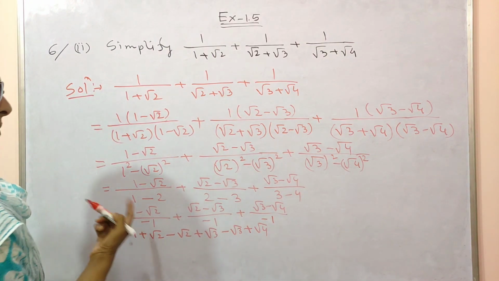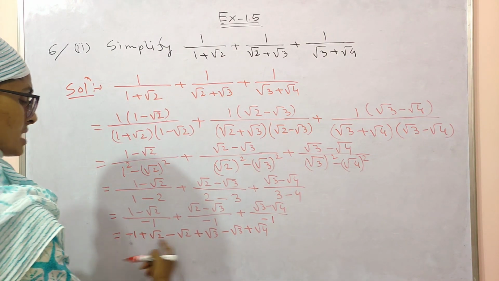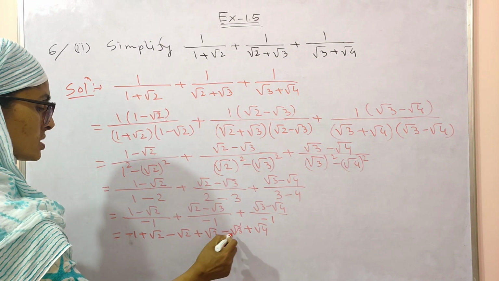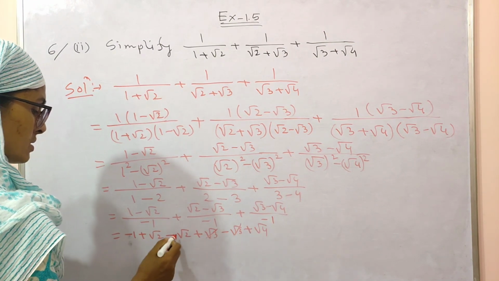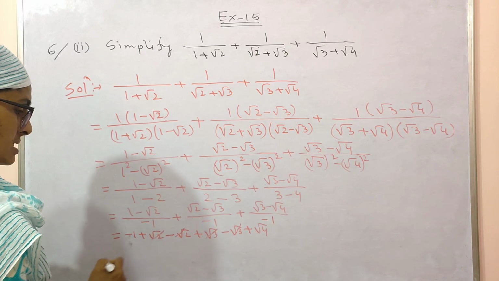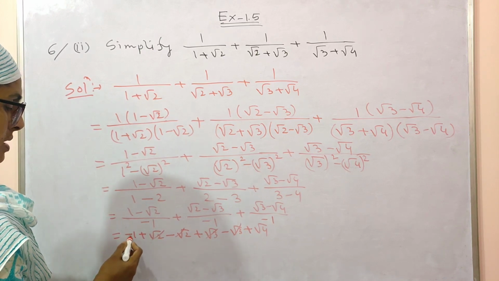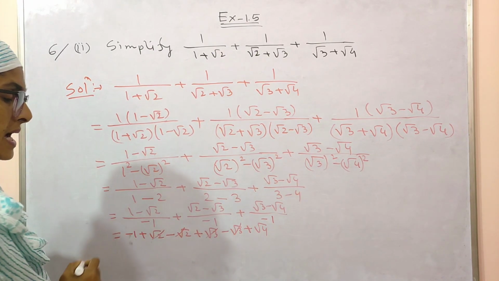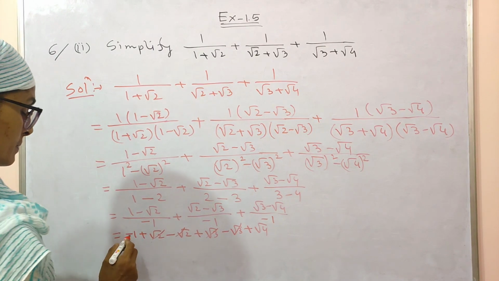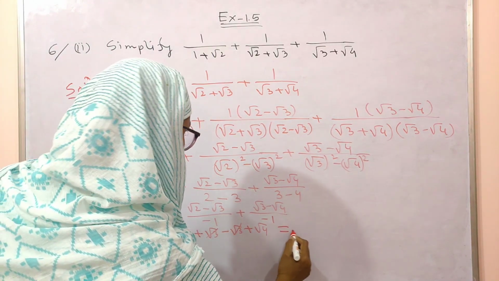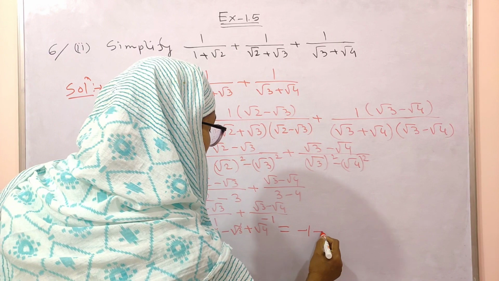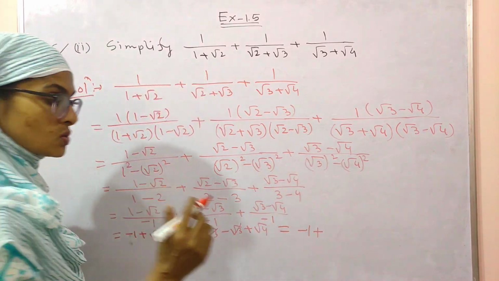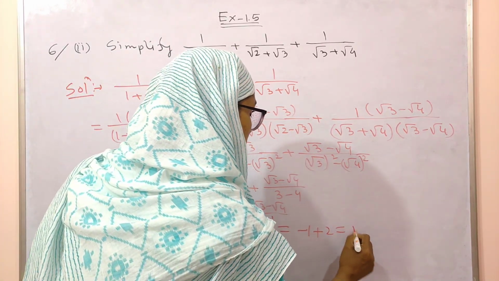Or you can divide by minus 1, you will get the same. So root 3 cancels, root 2 cancels. This one is minus 1, this one is plus root 4. That means you will get minus 1 plus root 4, which means 2. So simply we will get 1.